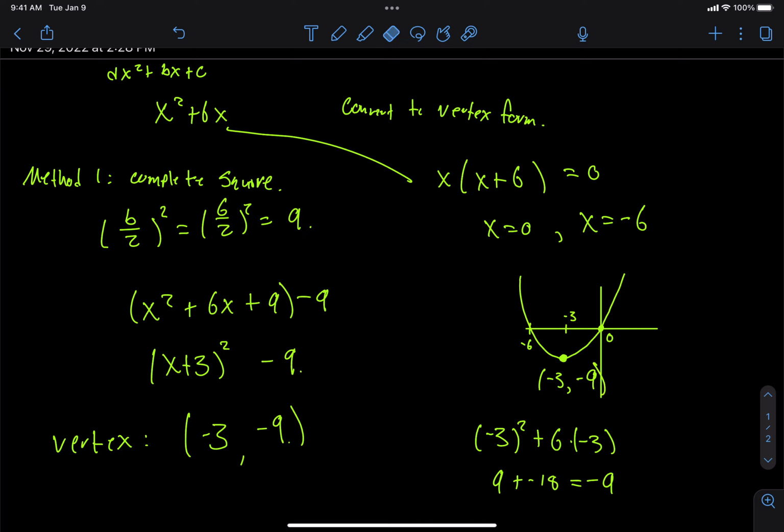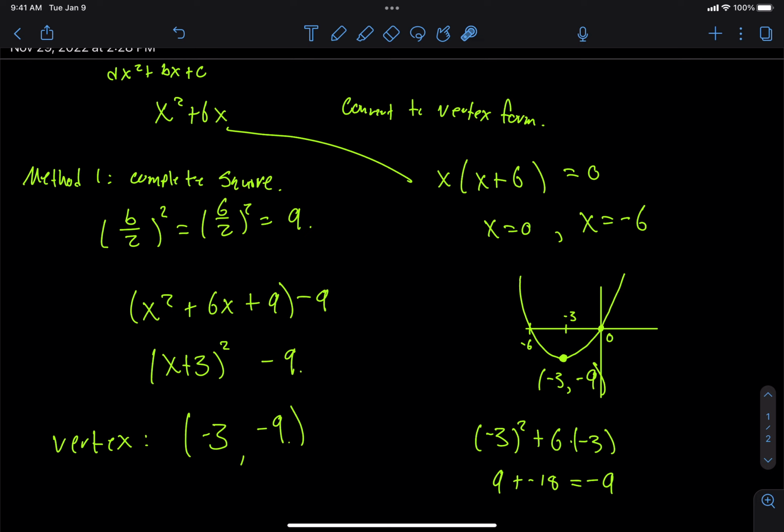Two different ways to do the problem. And I guess if it says convert to vertex form, then you need to write it in vertex form. But if you know how to write the equation of a parabola with a known vertex, then figuring out the vertex can help you write it in that form. So two different ways to do that problem. Any questions on that? Okay, so how do I complete the square? What are the steps?